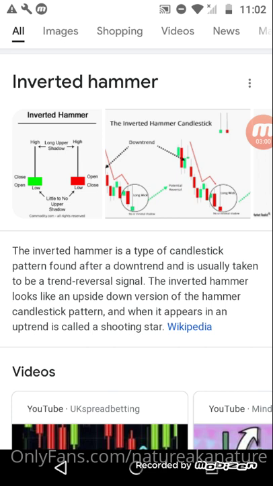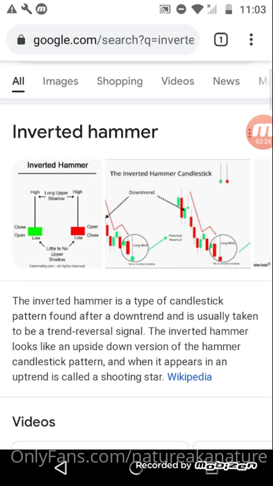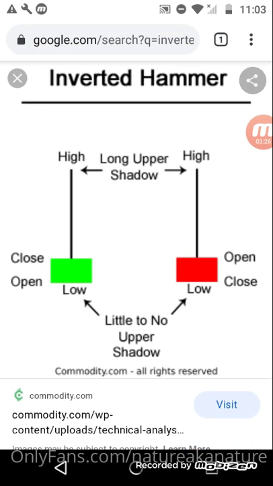So inverted hammer, it's called that because the pattern after a downtrend is usually taken to be a trend reversal. An inverted hammer looks like an upside down version of a hammer pattern, and it appears in an uptrend. It's also called a shooting star, so a shooting star and inverted hammer are the same thing. So this is what an inverted hammer looks like.